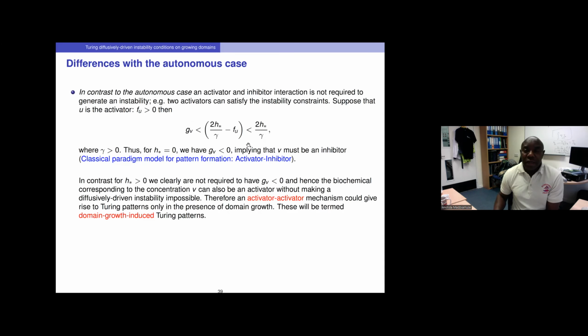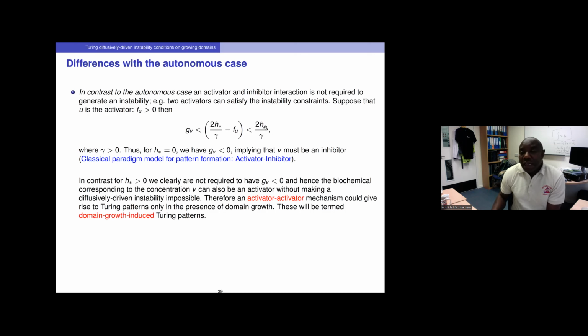Similarly, if you rearrange the same inequalities I gave you, you can also show that g, the inhibitor, g of v is bounded by 2 h star over gamma. Again, it's clear. When h star is 0, in the absence of domain growth, v should be an inhibitor.